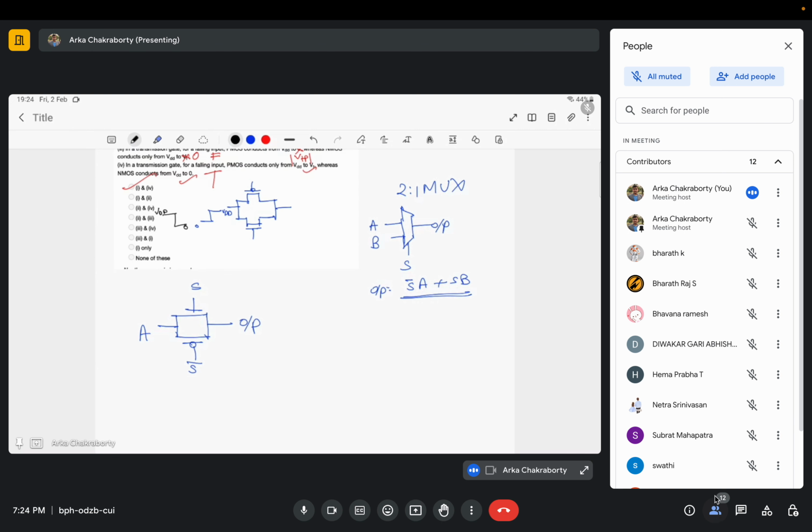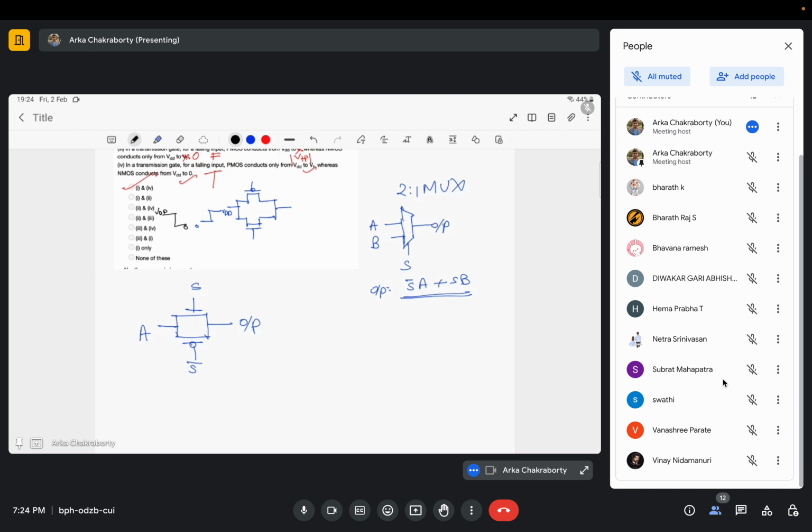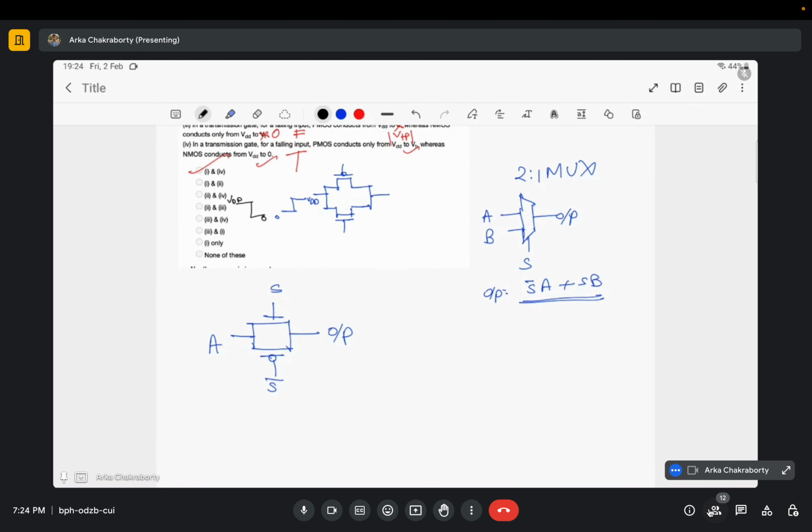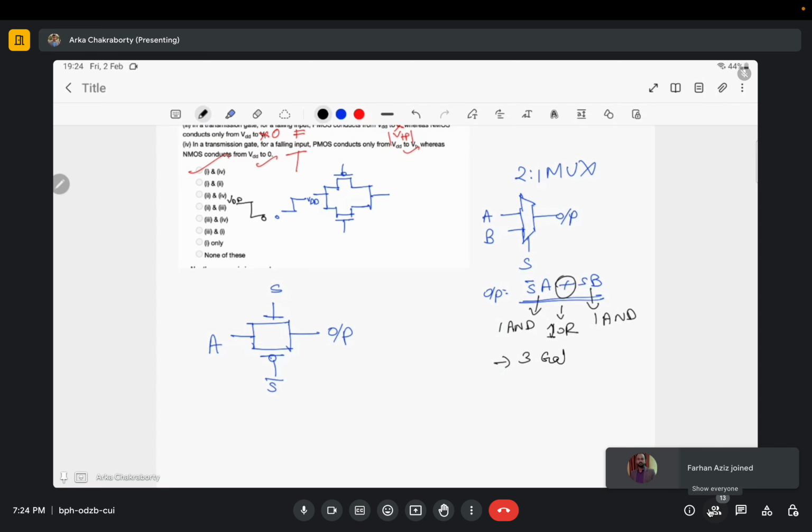It's not that difficult. Okay, let me tell. There is one OR gate required. For SB, one AND gate will be required, and for S bar A, one AND gate will be required. So a total of 3 gates will be required: one 2-input OR and two 2-input ANDs.